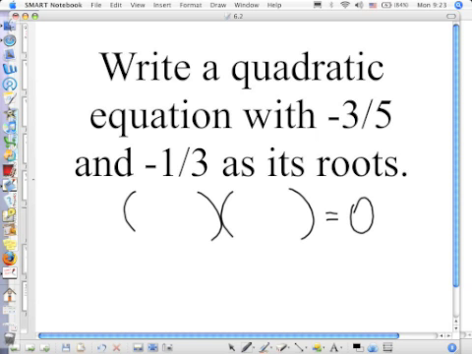Negative 3/5. What would that factor be? 5x plus 3. Because you would multiply x by 5 and then add 3. Negative 1/3 would be what? 3x plus 1. Okay? We need to get into the habit of seeing those things transform from one to the other.